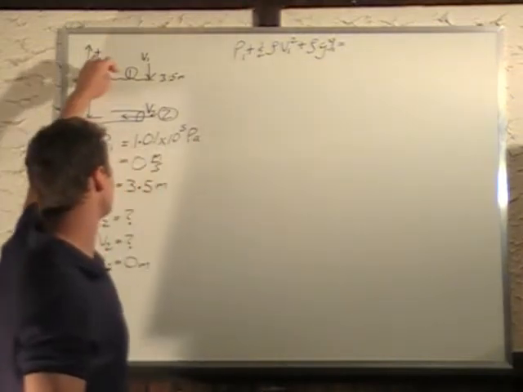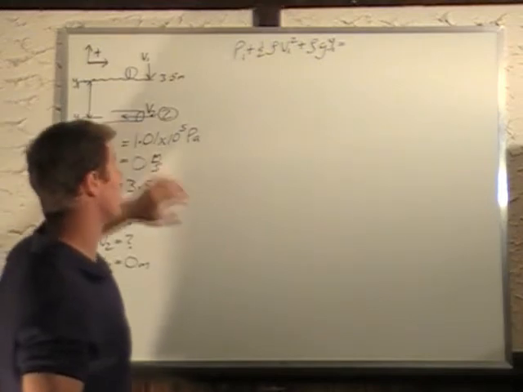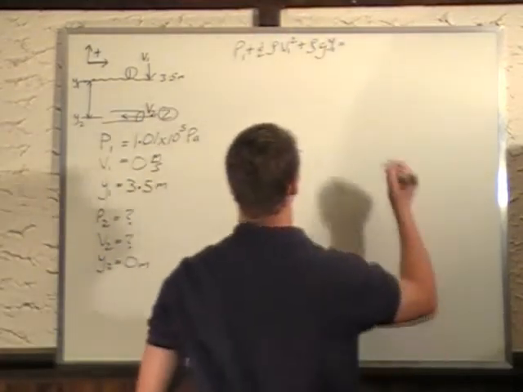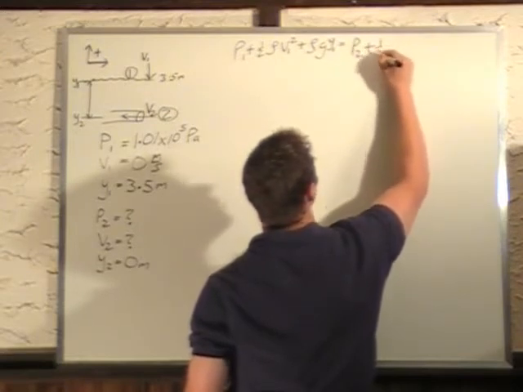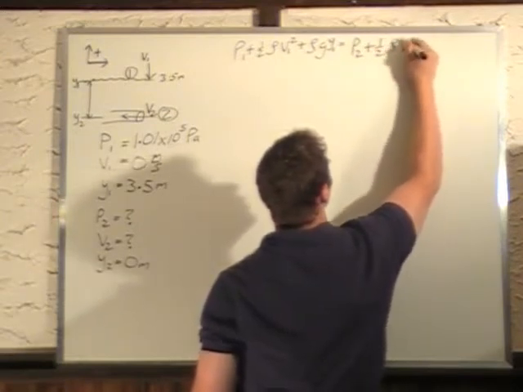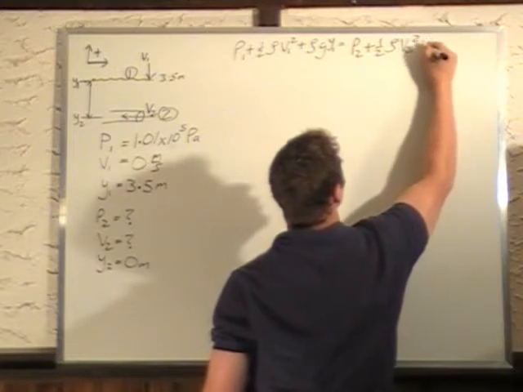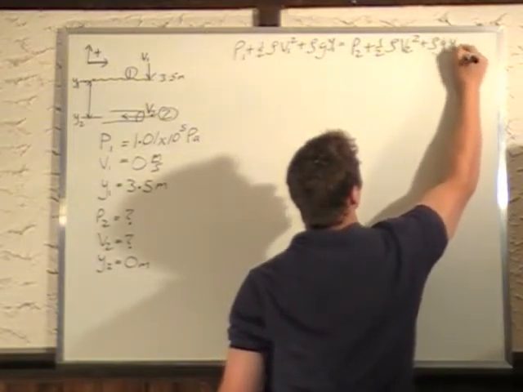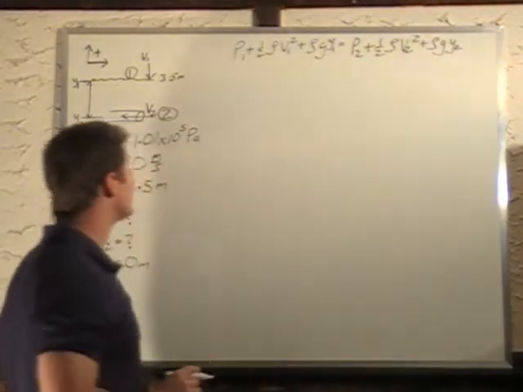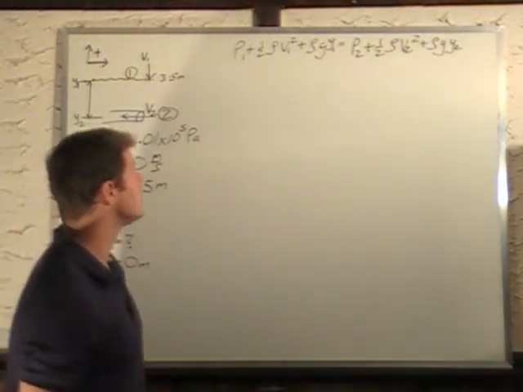That's why we can say this point is equal to this point for these values. So P2 plus 1/2 rho V2 squared plus rho G Y2.